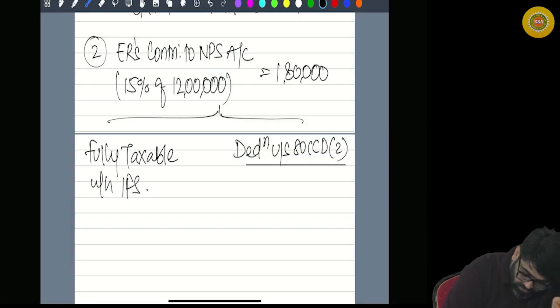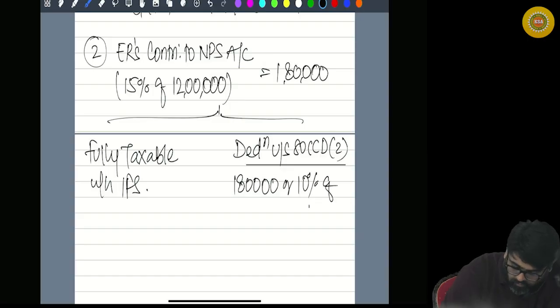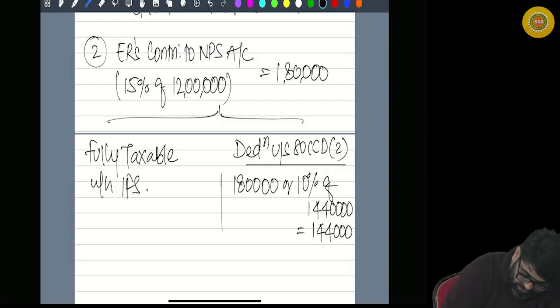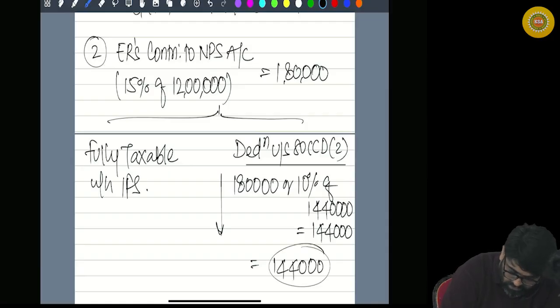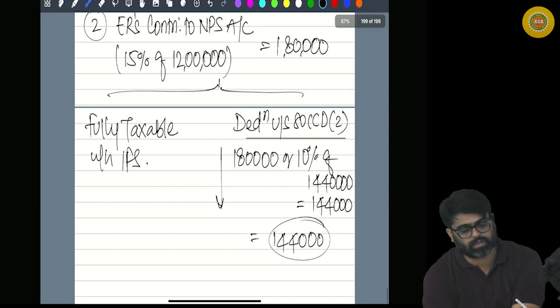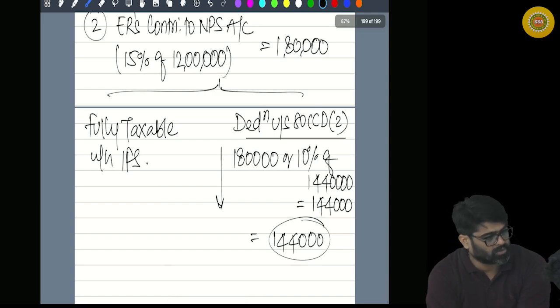How much deduction? Entire 1,80,000 or 10% of 14,40,000, which is 1,44,000, whichever is lower. So here the deduction would have been 1,44,000, deduction under section 80CCD subsection 2.